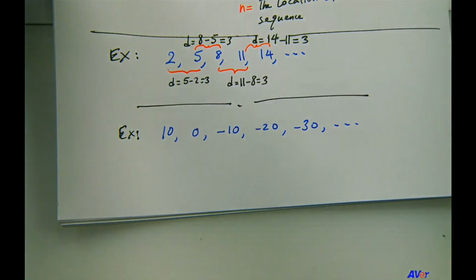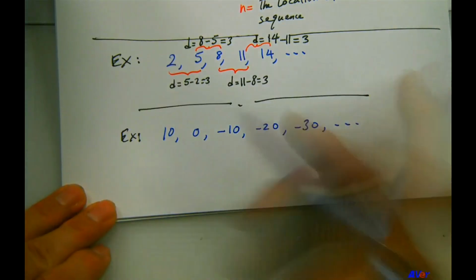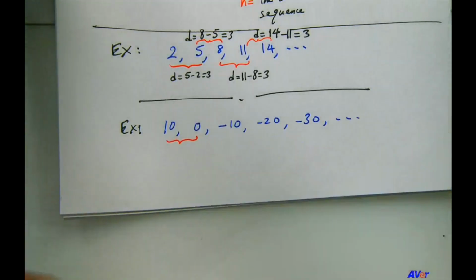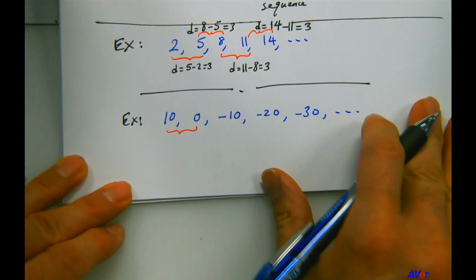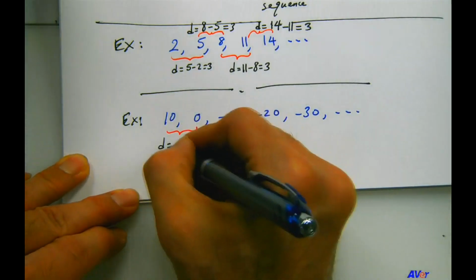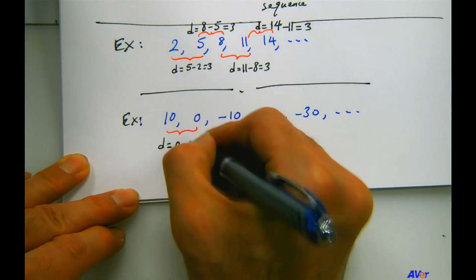To find D, you can take the difference between these two numbers. D is equal to 0 minus 10.